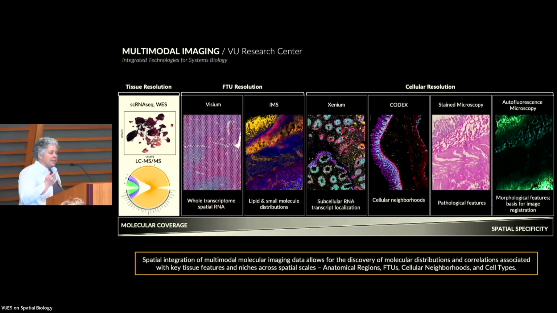And then the last one is this autofluorescence microscopy technique. And this is incredibly key for two aspects of our pipeline. The great thing about it is that autofluorescence microscopy is essentially a free technology. All you need is a slide and a slide scanner, and you can collect autofluorescence microscopy on every single section.